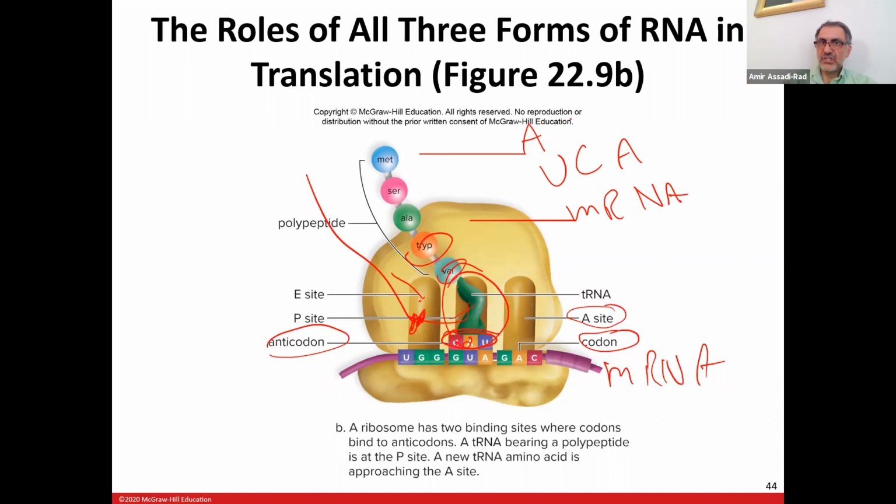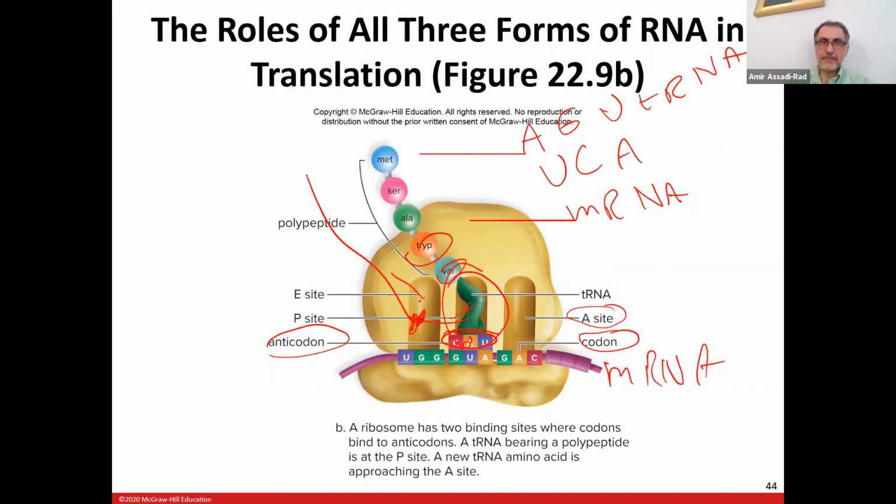U binds A, C binds G, and A would be U, right? That would be, if this is mRNA, that would be the tRNA.